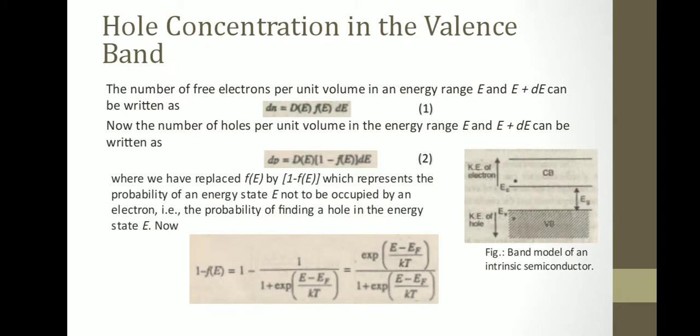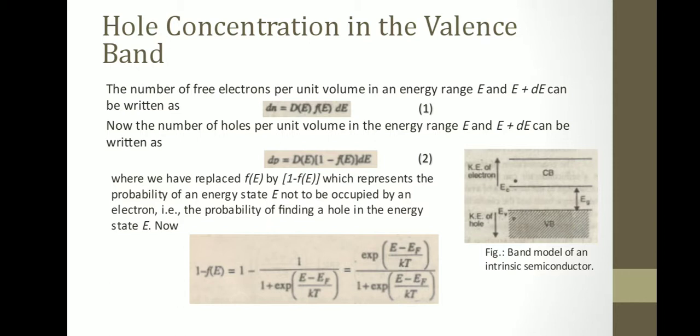As we know, the number of free electrons per unit volume in an energy range E and E plus dE can be written as dN is equal to D of E, F of E, dE. This relation we have calculated in the previous chapter, the free electron model.